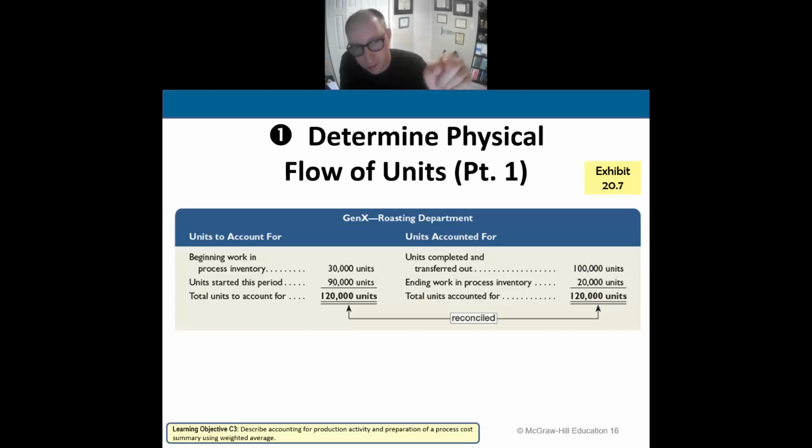We got ending work in process inventory, because remember, it's beginning work in process plus units started during the period minus the units transferred out equals ending work in process inventory. That's the formula. We see that the two balance, right? When you rewrite the equation, the two balance. We can reconcile that the 120,000 units is accurate.